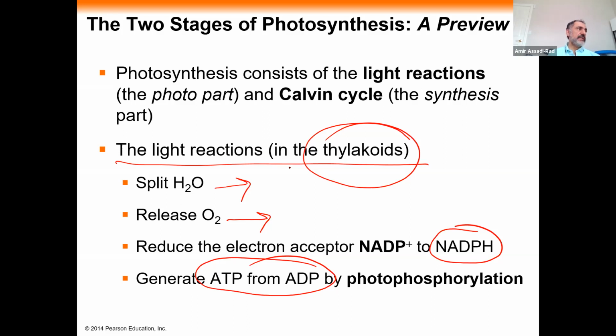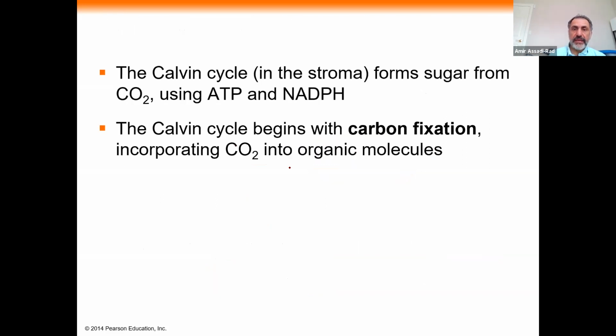Just like cellular respiration, glycolysis occurs in cytoplasm, and then the electron transport chain and the Krebs cycle occur in mitochondria. You know those. Same thing here. You should know that the light reaction occurs in the thylakoid, and then the Calvin cycle happens in the stroma, which I will go over here in a minute.